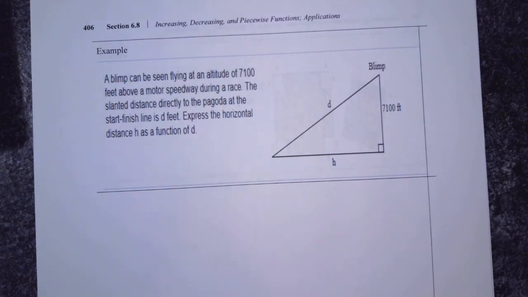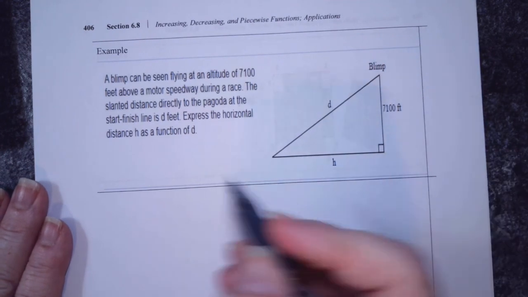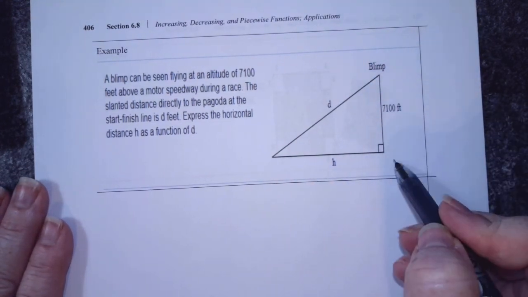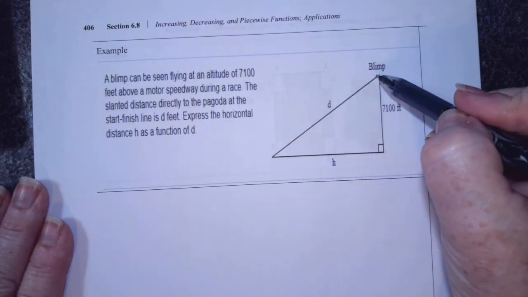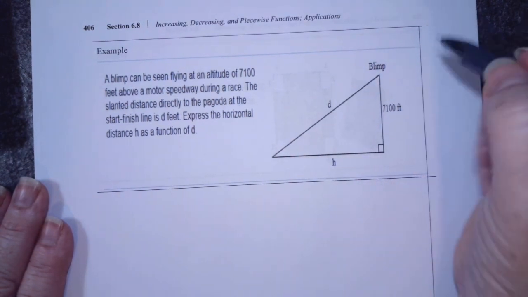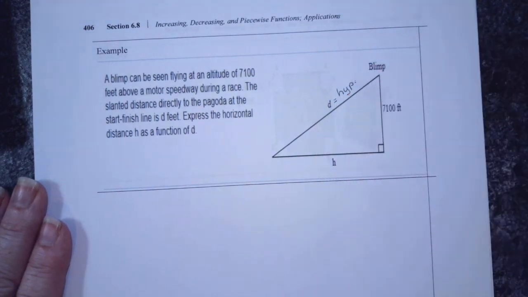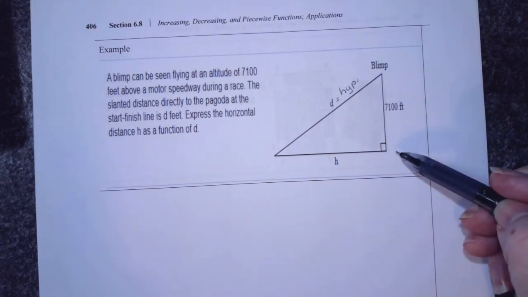Pythagorean, excellent, good. What the Pythagorean theorem tells us is that if you take the squares of the sides of a right triangle and add them together, you get the square of the hypotenuse. Now remember, the hypotenuse is always the longest side of a right triangle. It's the side that's opposite the right angle.